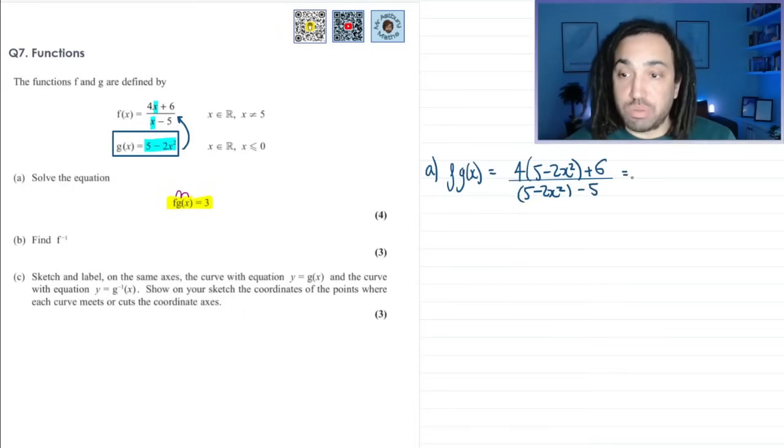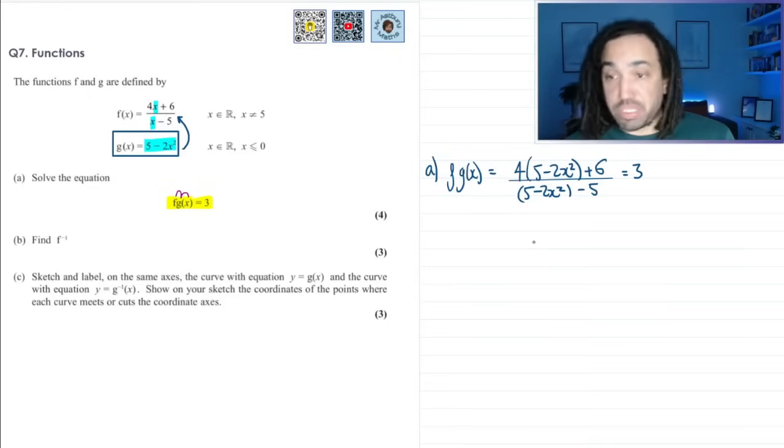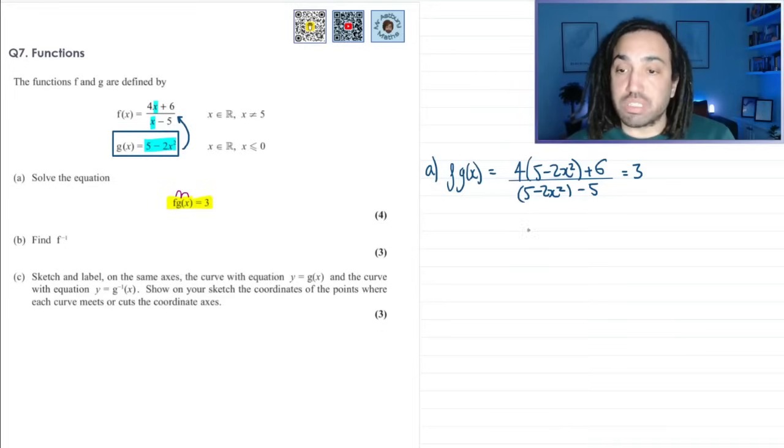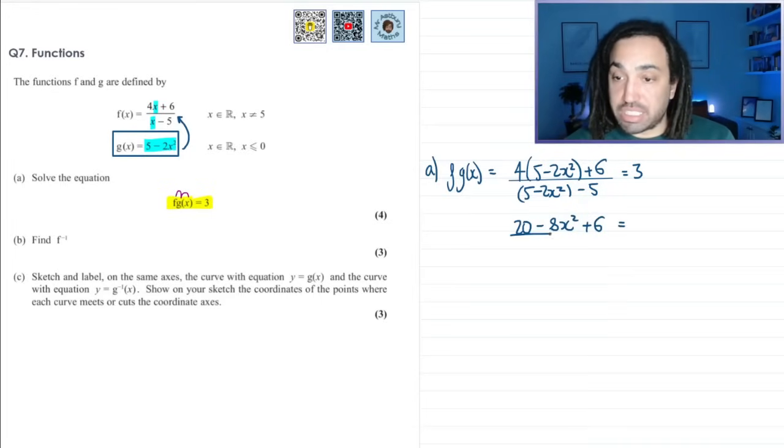And that is equal to 3, as our equation states. Okay, so we've got a denominator there. We're going to get rid of that as quickly as possible by multiplying up. And we're also going to expand the numerator out. So we get 20 minus 8x squared plus 6 equals, and then on the denominator, in fact, let's just simplify this before we move up.